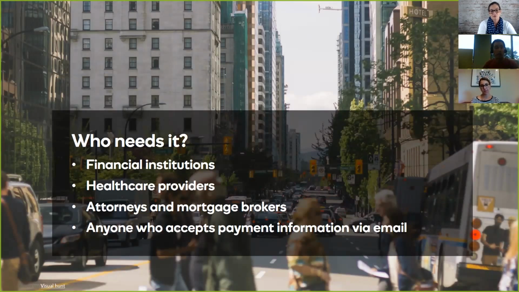There's also attorneys and mortgage brokers that are dealing with sensitive information, information that if you put yourself in their customer's shoes, the customer certainly doesn't want their personal information getting out to someone else. So companies in those industries take these measures with email encryption to make sure that if they're dealing with sensitive information, their clients' personally identifiable information, or PII, is being sent in as secure a method as possible, and that's where email encryption can come in.